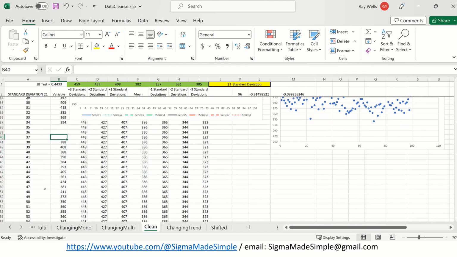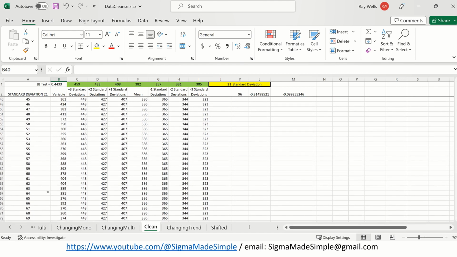So they look like they're all below the mean. And here's our new mean. They're all under 386. So we're going to remove those. That's special cause. That's 8 data points or more on the same side of the mean.